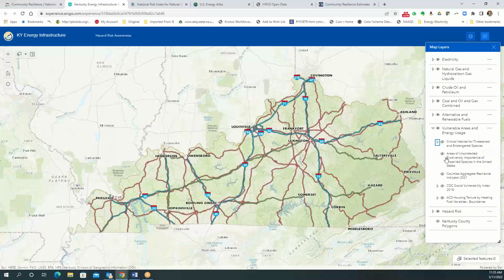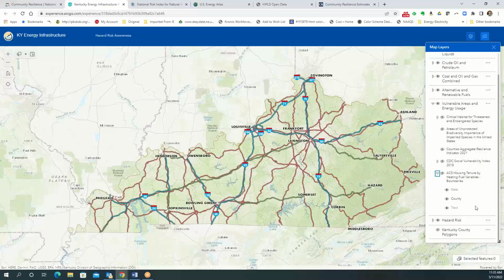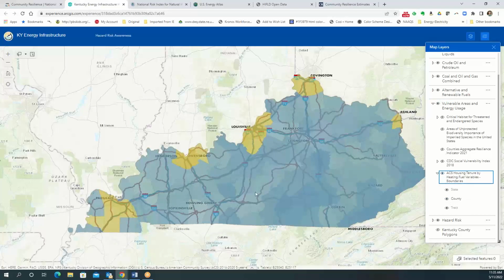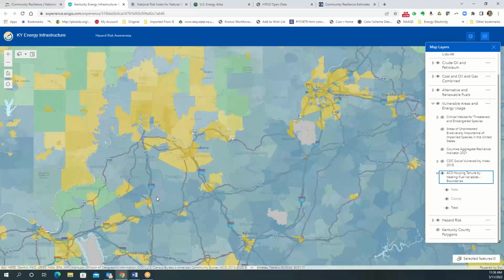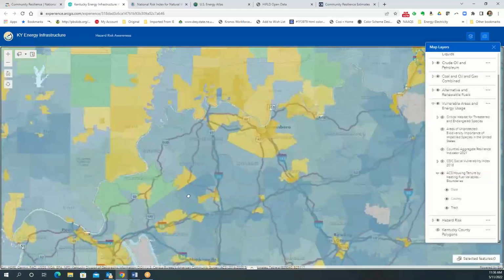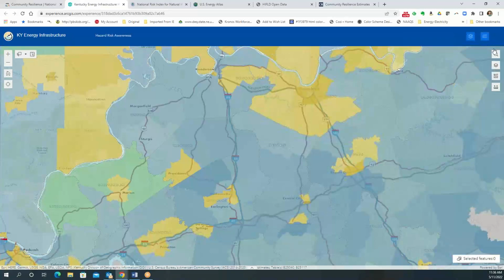Another indicator that I like to look at is the ACS Housing Tenure by heating fuel. When we do have a response to an event, this tells us, as I zoom in here to the Owensboro area, and then I'm going to turn on my legend.